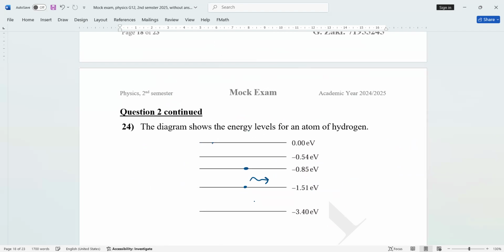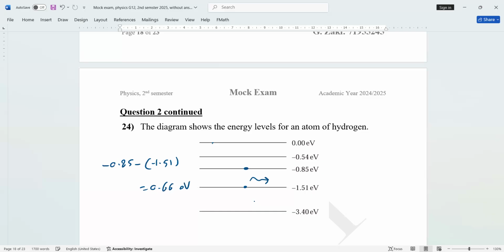But for example, negative 0.85 minus negative 1.51, you will get negative 0.85 plus 1.51, and the answer is 0.66 electron volt.